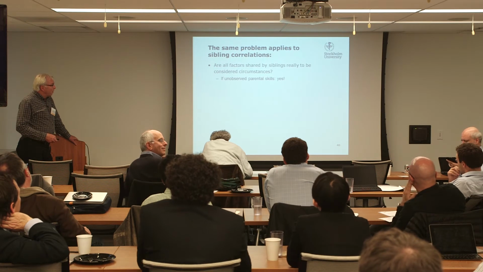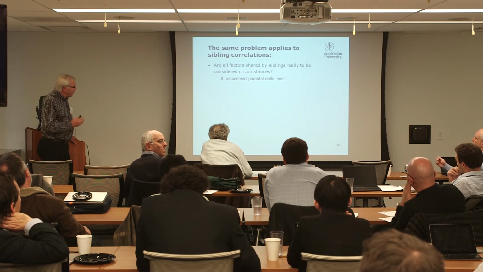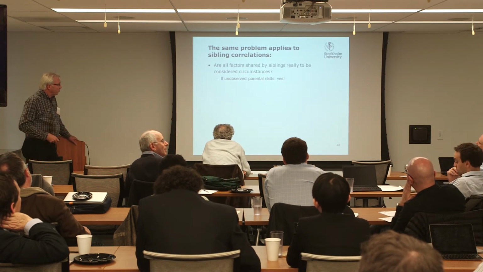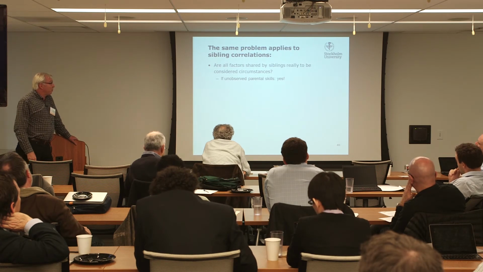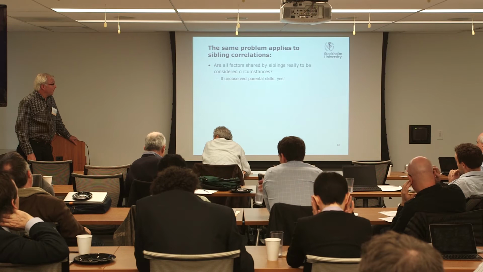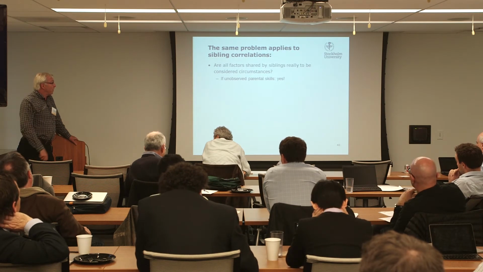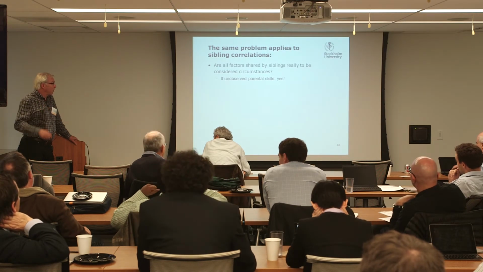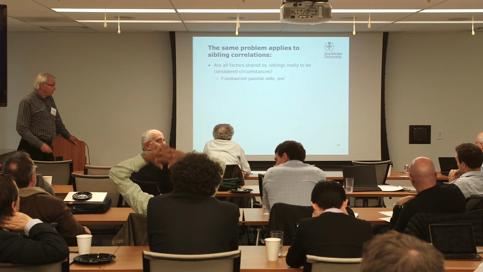And are all factors shared by siblings really to be considered circumstances in this way? If it is unobserved parental skills, I think yes, that's not something that a person can be held accountable for when becoming an adult.